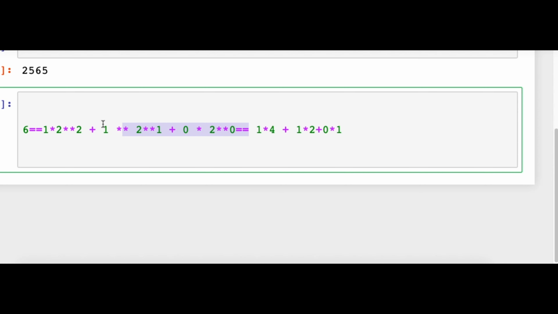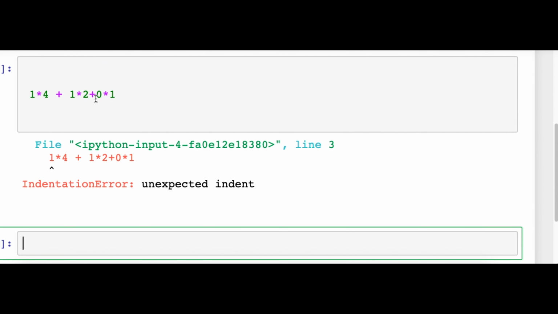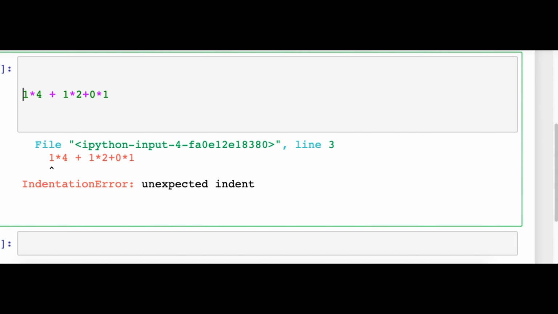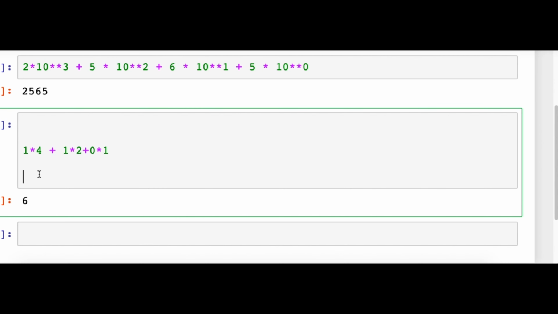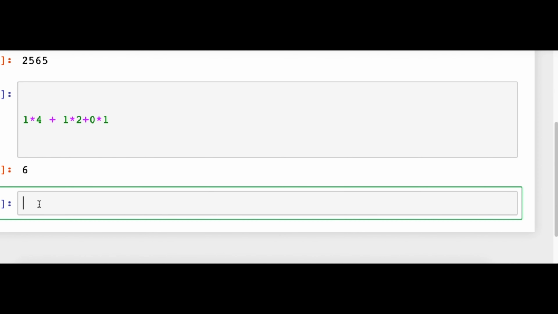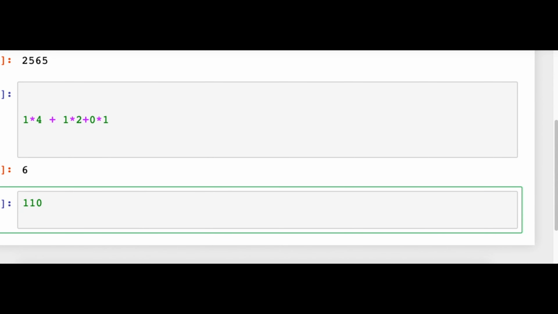Run it like this to make it a little easier to see. It's 6. Now you write this in binary as 1, 1, 0. But since we want to talk about bits, we usually put 5 zeros in front of it. 1, 2, 3, 4, 5, 6, 7. Okay, 1 less.